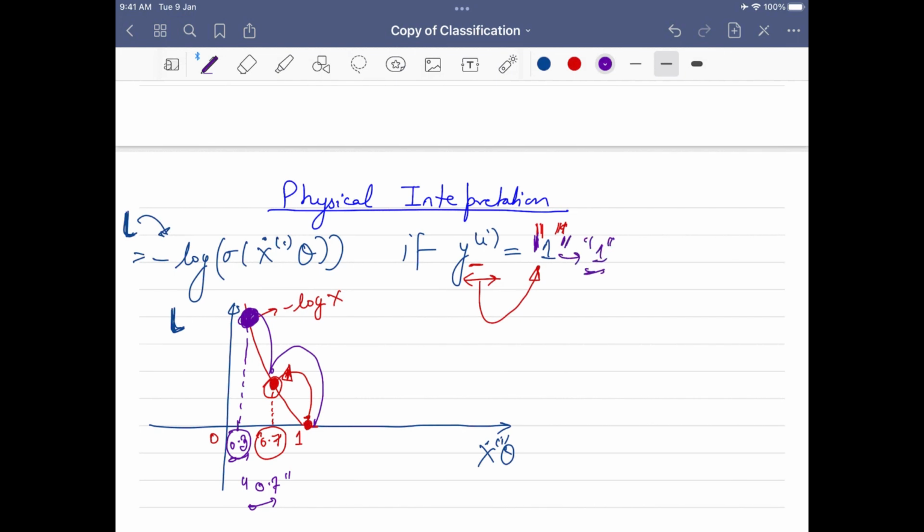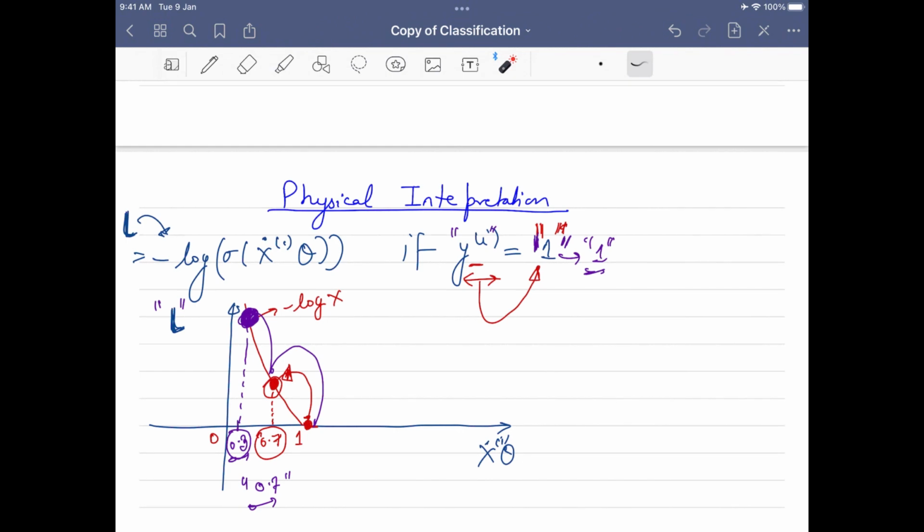So basically, you are trying to quantify the difference between the prediction and the actual labels in terms of the loss function. The loss function that you have designed here is for y equal to 1.